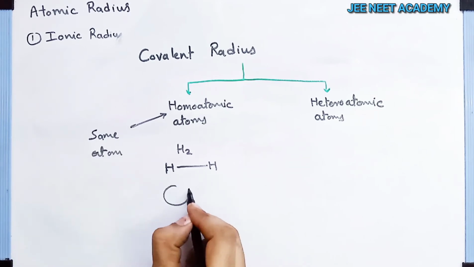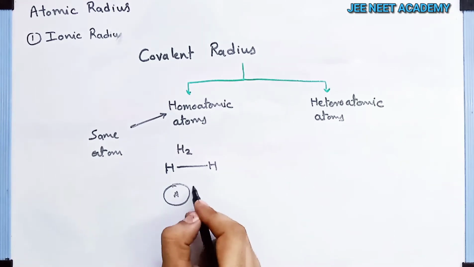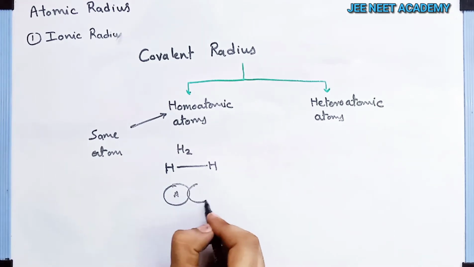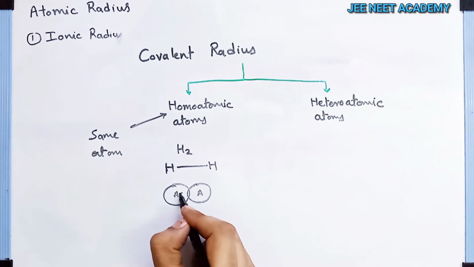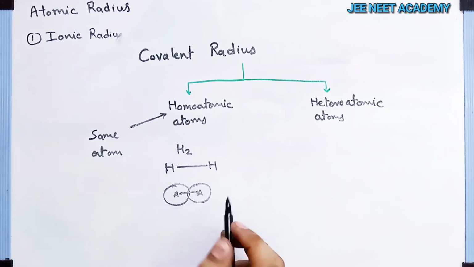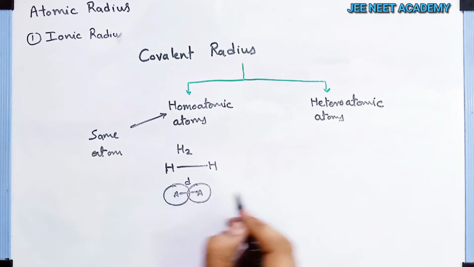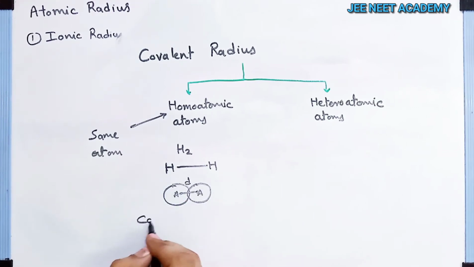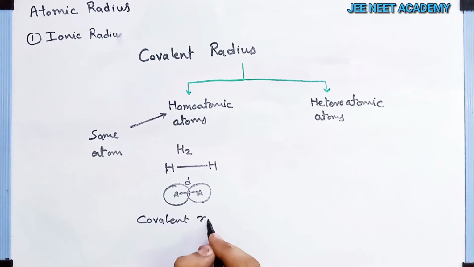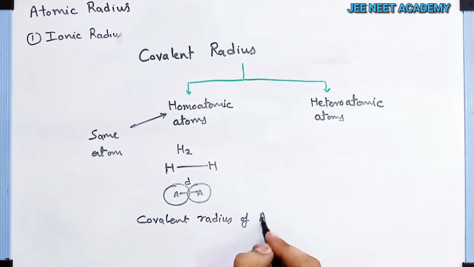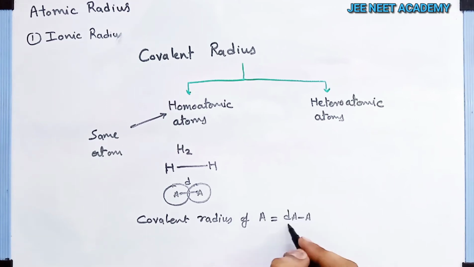So the first atom is type A and the second atom is also type A, and this distance, if it is D, the covalent radius of A will be D, the distance between both the atoms A to A, divided by 2.